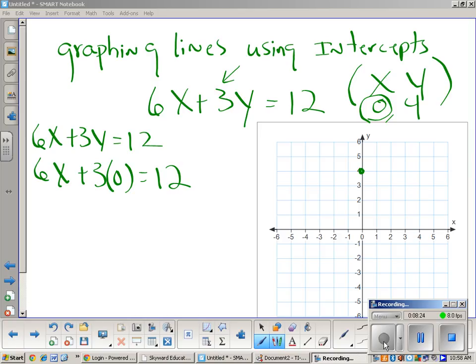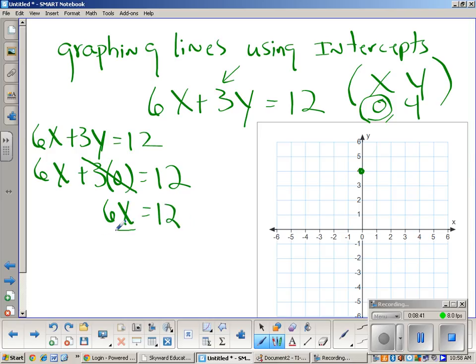Okay, so I've already heard the correct answer. If I put a 0 in for the y this time, it just turns to 0, and I don't need to write a 0. 3 times 0 is 0. So I'm left with 6x equals 12. Divide both sides by 6, my x is 2.